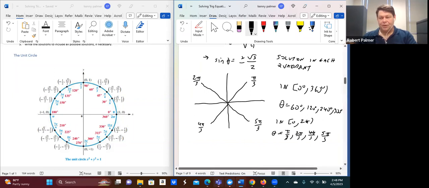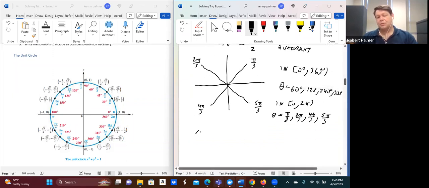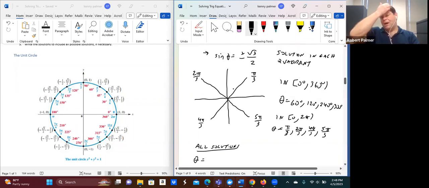Okay. Now, if we want to do all solutions, then let's do this in both radians and degrees. Here, once again, we can actually combine a couple of these. If you notice, pi over 3 and 4 pi over 3 are pi apart, or 180 degrees apart.